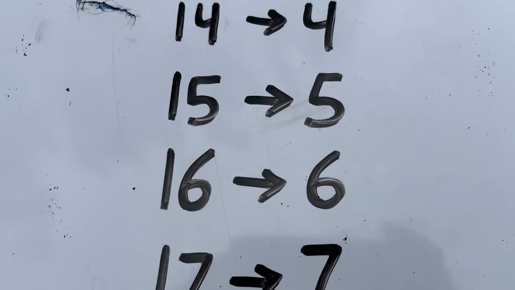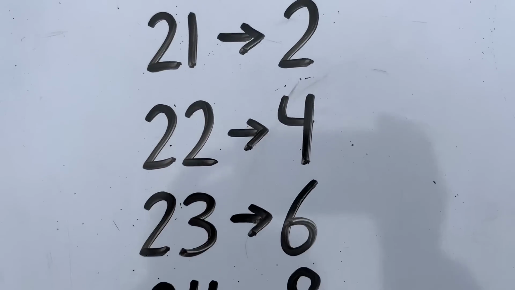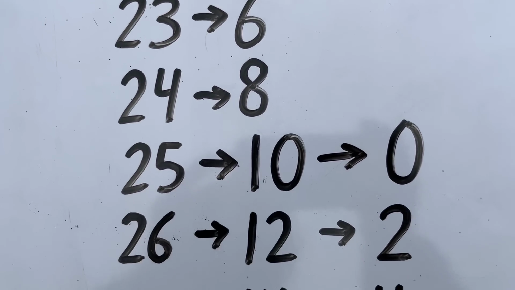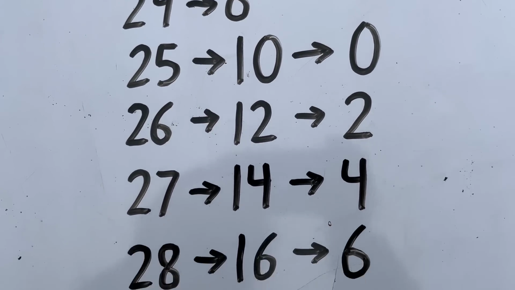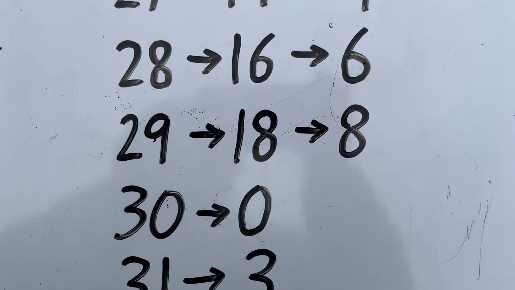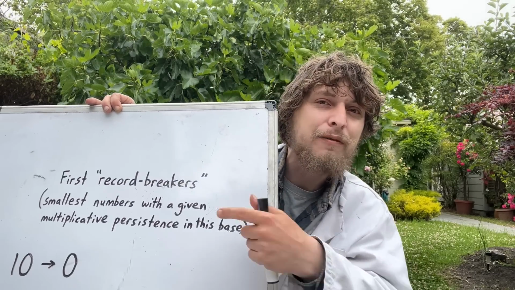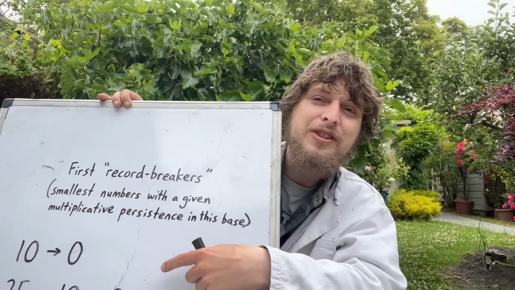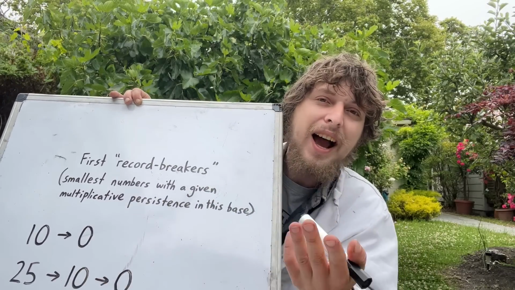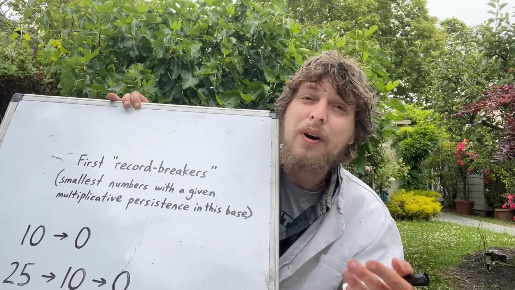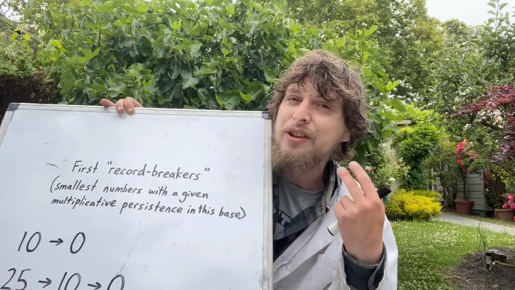Now here's what would happen to the first few multi-digit numbers if we took a repeated digit product, and the amount of arrows that each one takes is its multiplicative persistence. If we look at the record breakers, the smallest numbers to reach a given level of multiplicative persistence, first we'll find some more obvious cases, like the first multi-digit number, 10, is the first to take a step, and the first number whose digits multiply to a multi-digit number, which is 25 here, is the first to take 2 steps.